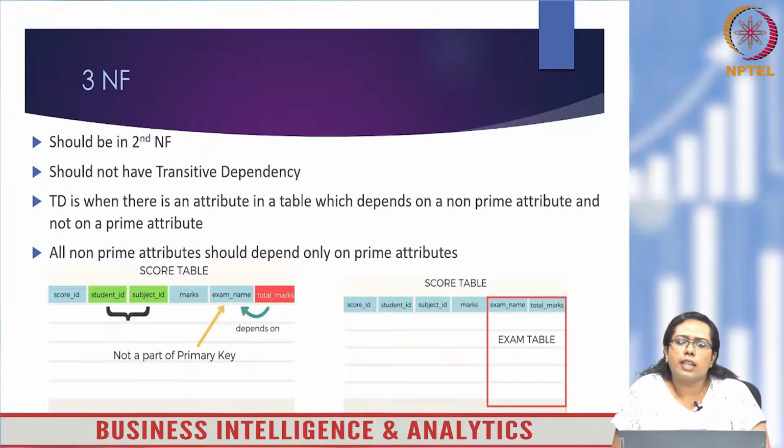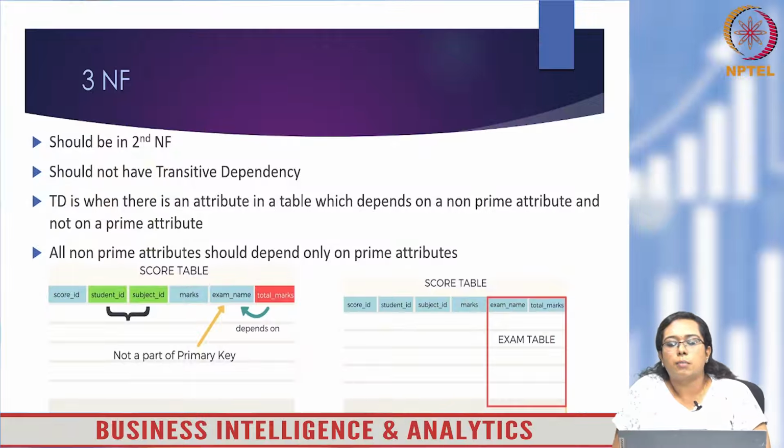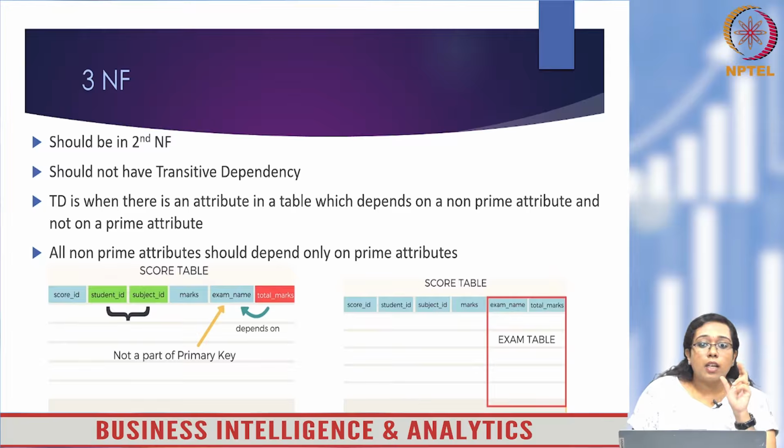In our school time, there will be so many exams, right? There will be practicals, there will be sessionals, there will be end term exams. So, the total marks, say end term would be 100 marks, practical would be 20 marks. So, the marks are dependent on the exam's name, right? So, there is a column in the score table called marks, which is dependent on exam name alone.